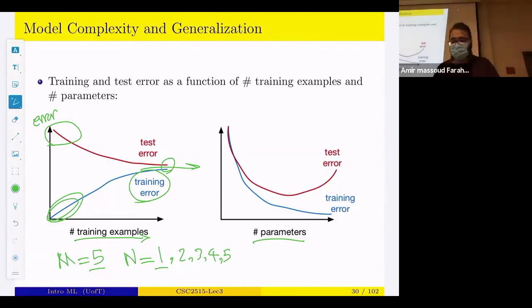And in the regime where your model has relatively more parameters, or some sense of complexity, than the number of training points, you are overfitting to the data points. But as you increase the number of data points, overfitting goes away.